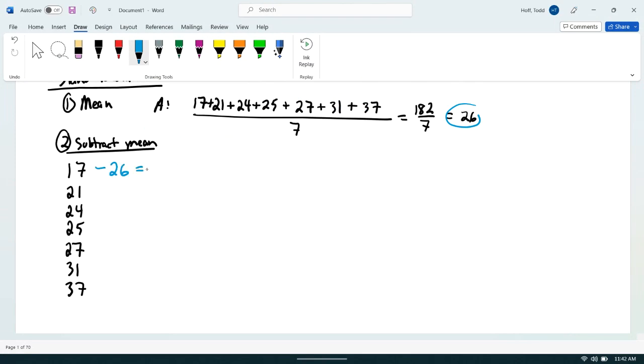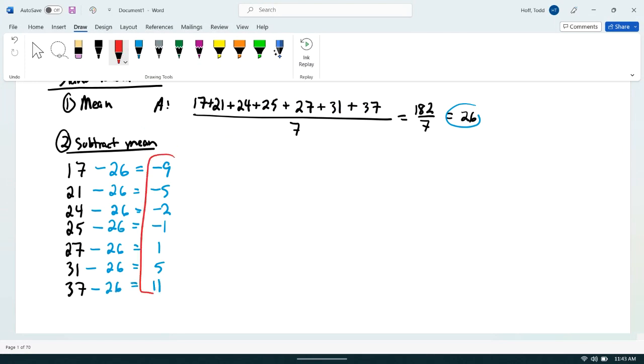I'm going to get some negative numbers here. 17 minus 26 is negative 9. 21 minus 26 is negative 5. 24 minus 26 is negative 2. 25 minus 26 is negative 1. 27 minus 26 is positive 1. 31 minus 26 is 5. And 37 minus 26 is 11.